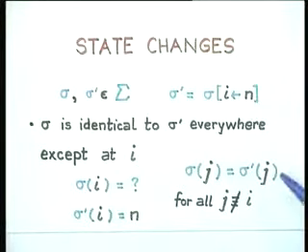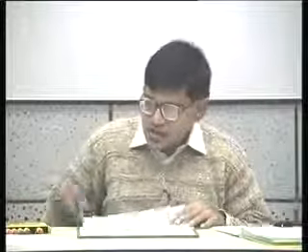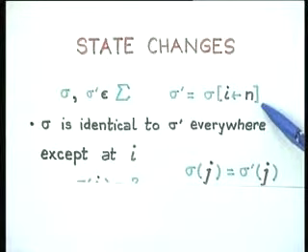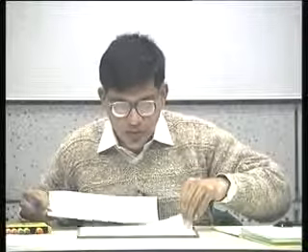So for all variables other than I, sigma and sigma prime yield the same value, and for I, sigma prime yields the value n. This is a very important thing, because the assignment statement involves a one point state change. So it's absolutely basic.